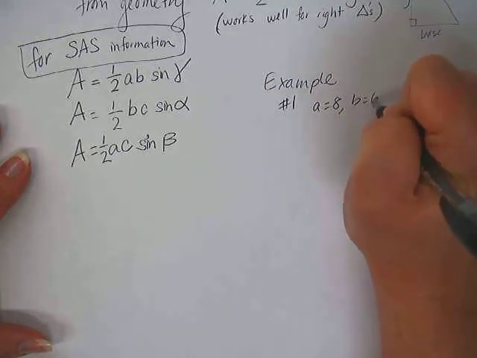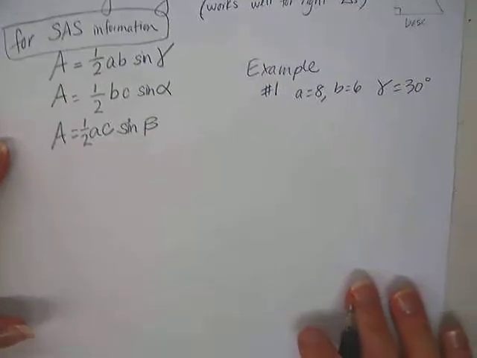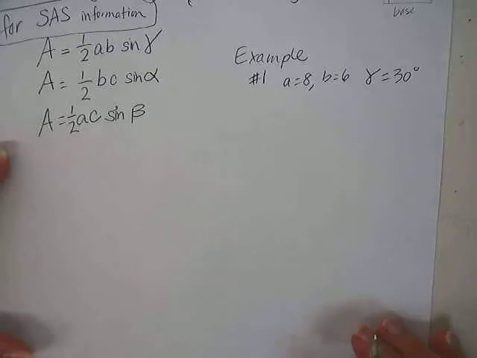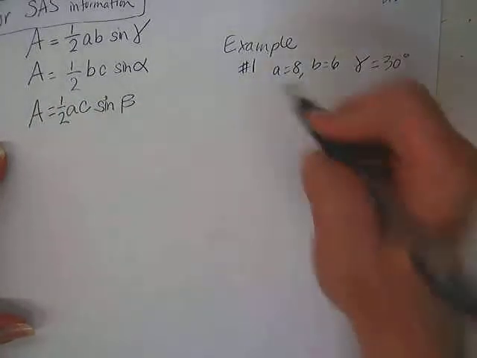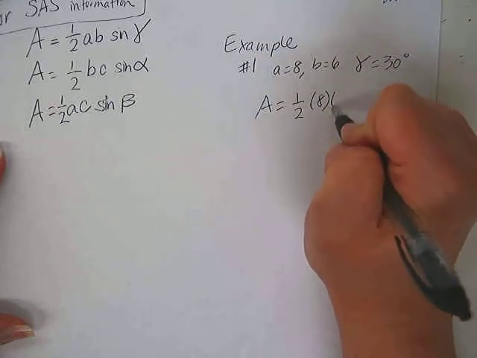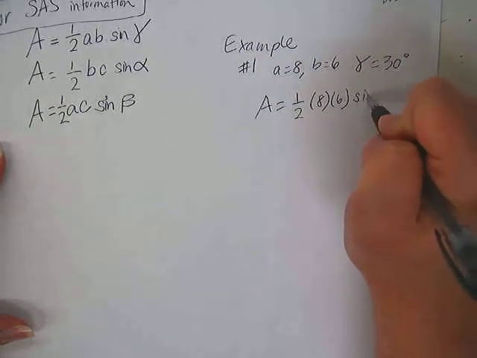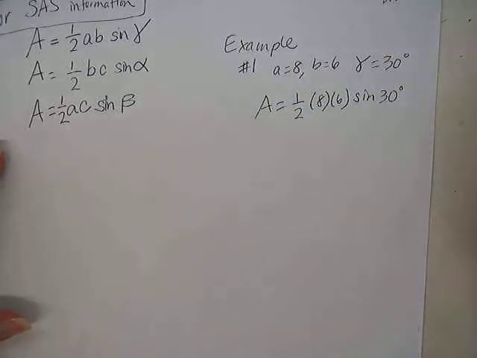So let's say a equals 8, b equals 6, and gamma equals 30 degrees. How would we find the area for that triangle even though we don't know the height? We just know 2 sides and an angle. So area is 1/2 times 8 times 6 times the sine of 30.